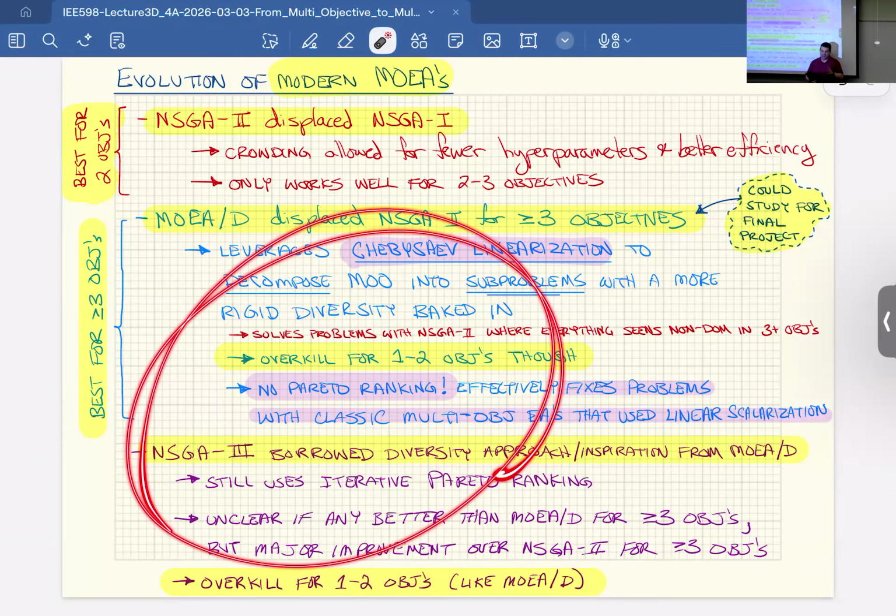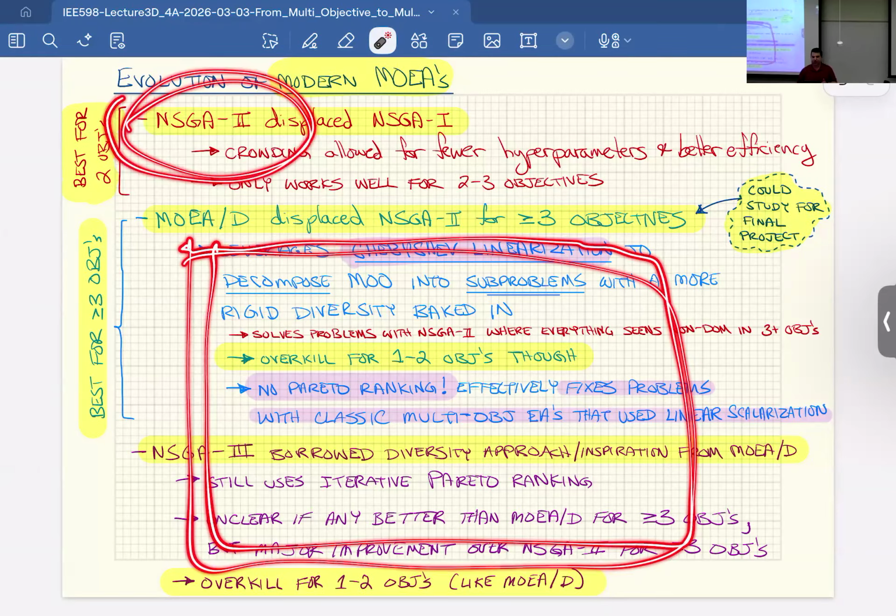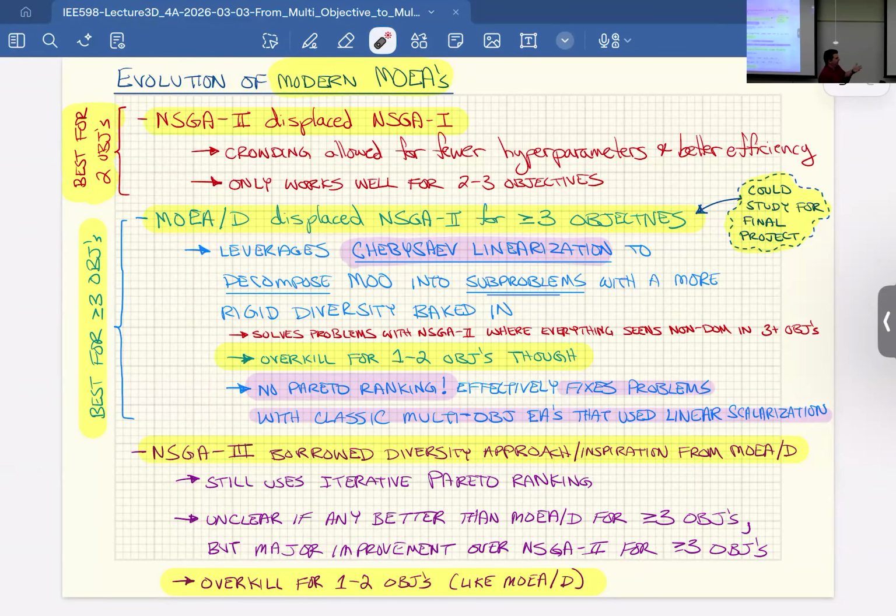It just turns out that for 2 objectives, you don't need all of the extra neighborhood management that these decomposition methods use. So NSGA2 is really elegant for 2 objectives. So you might say, why don't I just use NSGA3? 3 sounds better than 2. But it's a niche. NSGA3's niche is 3 objectives or higher.